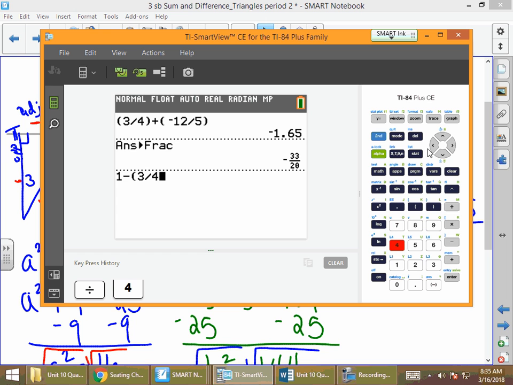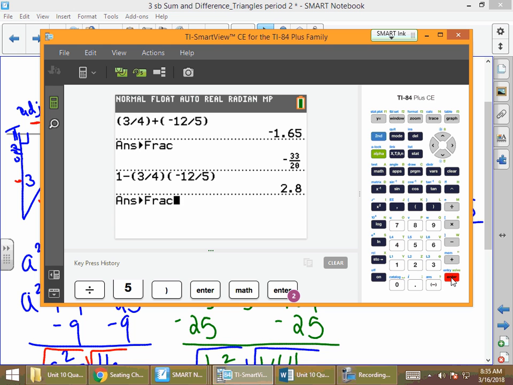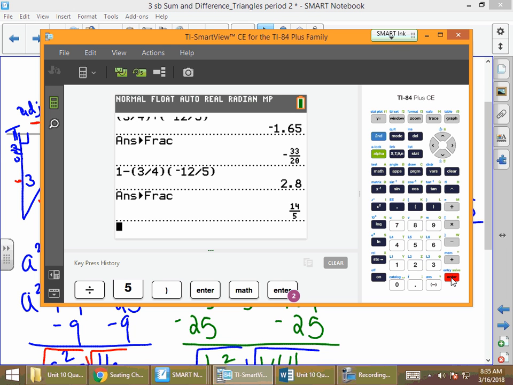And maybe we're going to find out if it works. Times negative 12/5. I'm not sure if that works here. And it did. So Math, Enter, Enter. There's our fraction button now. So in the bottom, we ended up with 14/5.